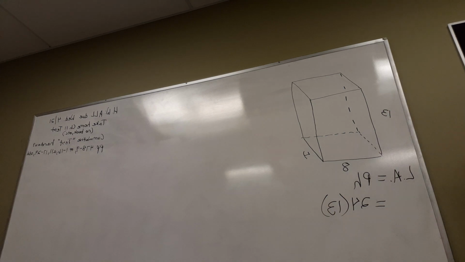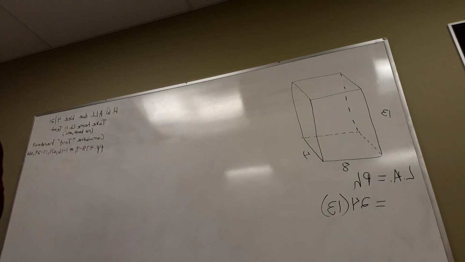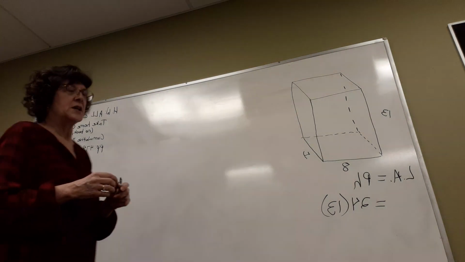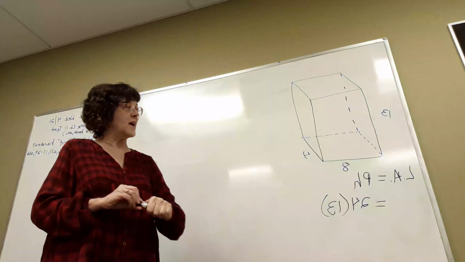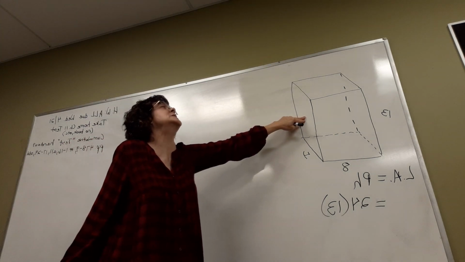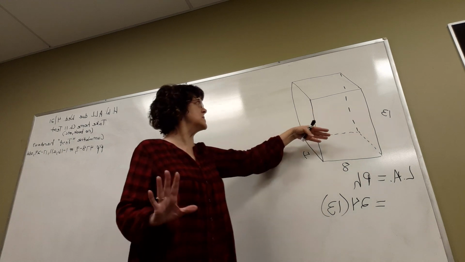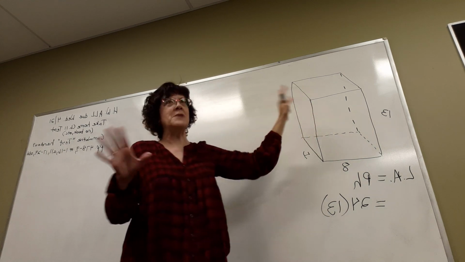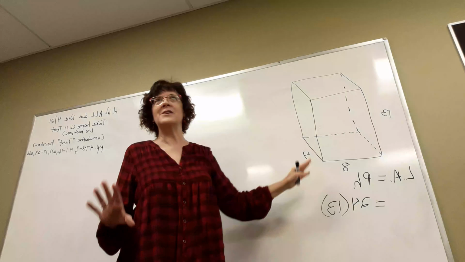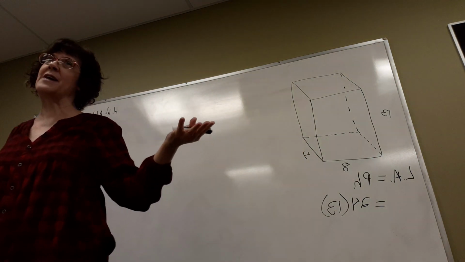Okay, so multiply that out and that gives you your lateral area. That saves some effort because you do not then have to go, okay, this rectangle is 4 by 13 and this one is 4 by 13 and this one is 8 by 13. You don't have to do all that. You get the perimeter, multiply it by the height, and that is how you find the lateral area.